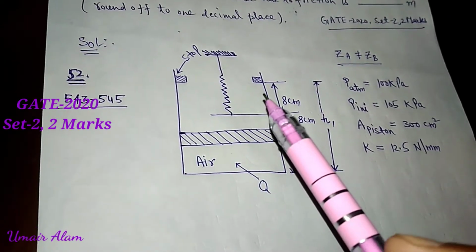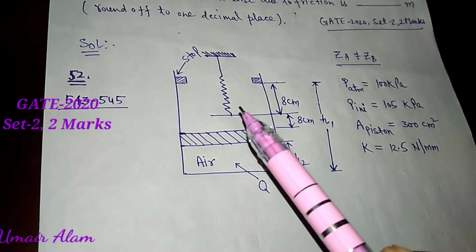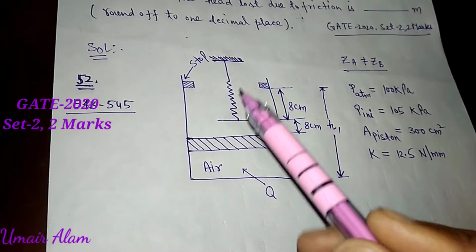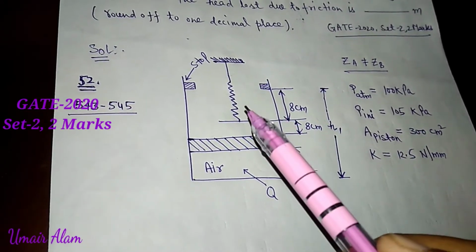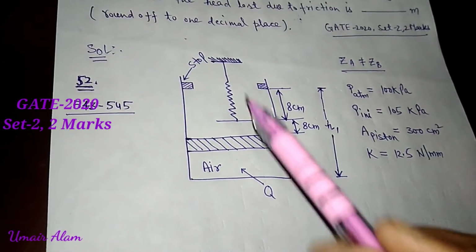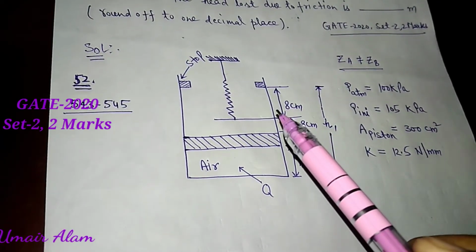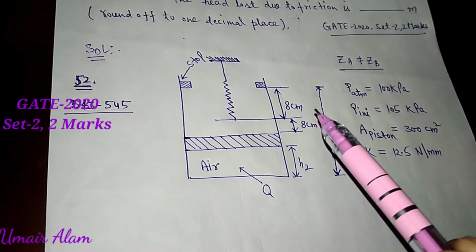When this piston moves up, there will be some contraction in this spring, some contraction in the length of this spring, and this distance is given as 8 centimeter.